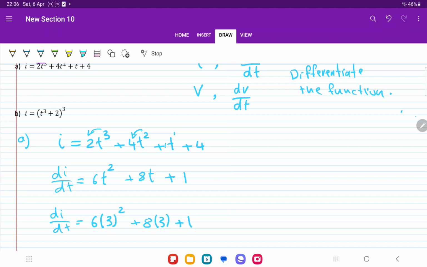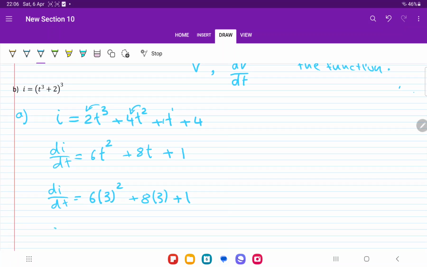If we type this number into our scientific calculator, it should give us di by dt is going to be 79. Okay, double check that using a scientific calculator.